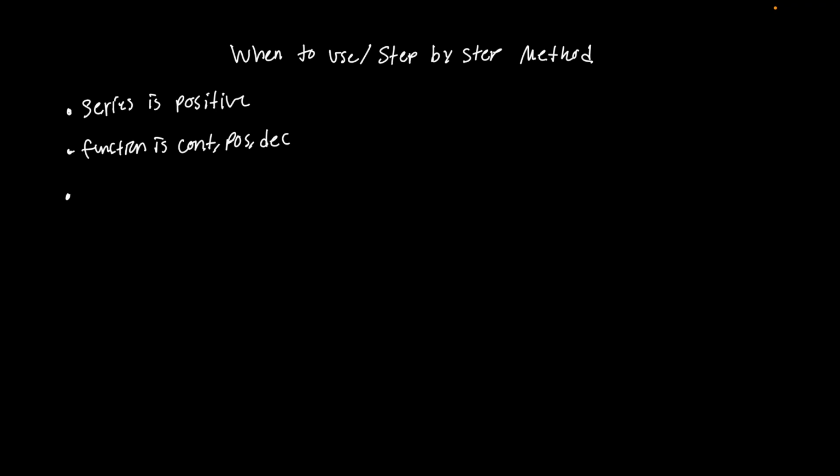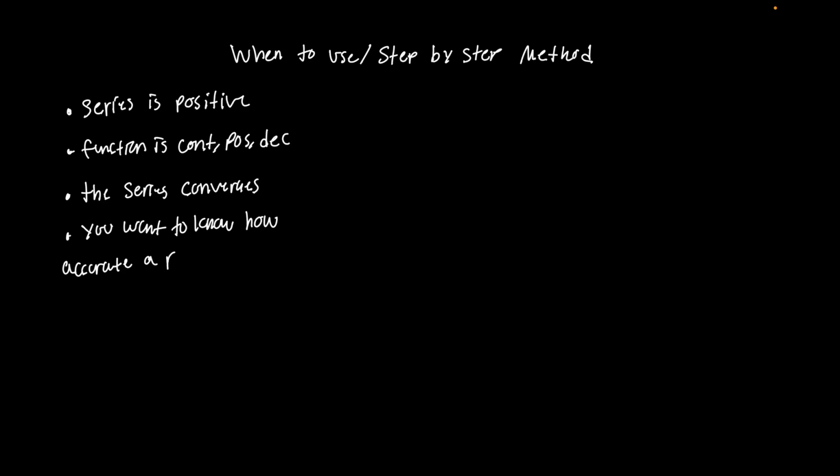You note that the series converges, and lastly, you want to know how accurate a partial sum is. This is not where you decide whether a series converges or diverges. This is where you know your series is converging, so how close is your approximation? You can write this down really quick.